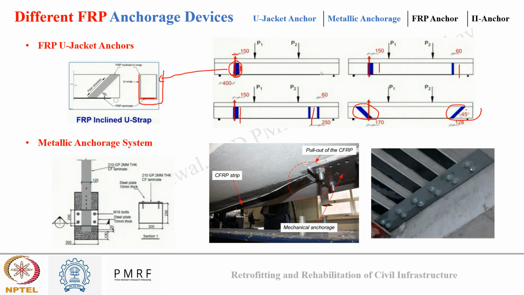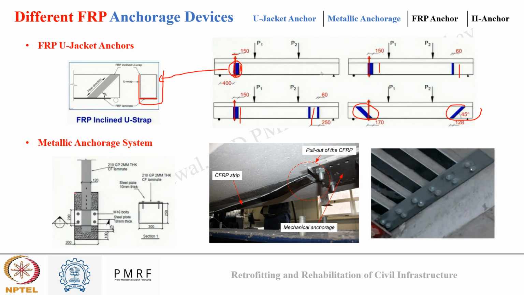Second is the metallic anchor system. In this, the end of the FRP strip or plate is mechanically anchored using a metal plate cap bolted on both sides of the FRP to the substrate. This we saw in the previous slide also, using bolting for anchorage.